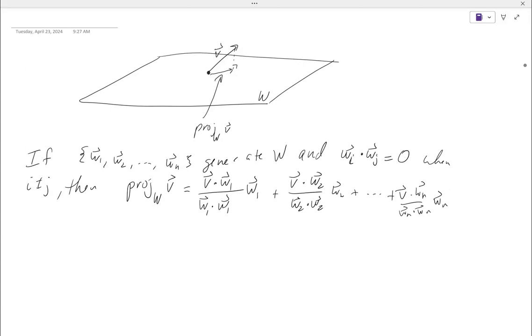You already told me before, just from an intuitive sense, that if I'm trying to approximate this vector not in my space as best as I can by using things in my space, then I want to look at that perpendicular projection down, right? So if we have an orthogonal basis, this allows us to find that projection relatively quickly. Okay.